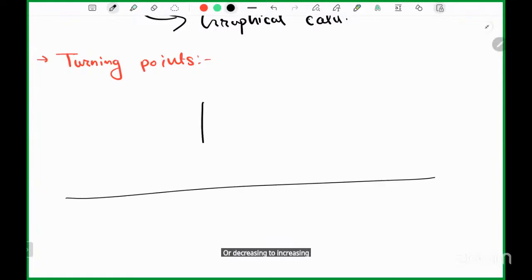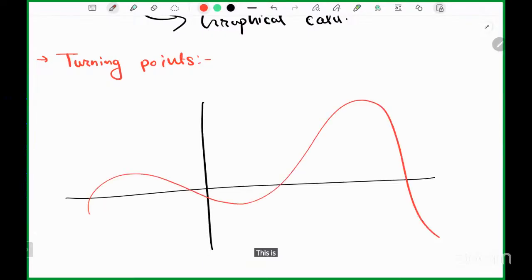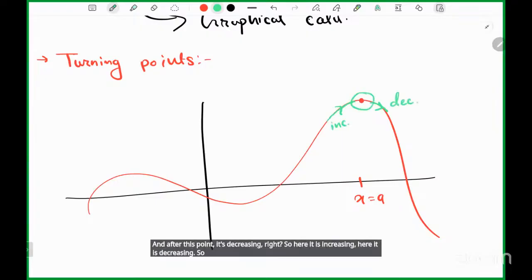For example, consider this graph of a polynomial. So suppose this is some polynomial. At this point, suppose x is equal to a, what is happening? Before this point, p of x has increasing behavior, right? It's increasing before this point, and after this point, it's decreasing, right? So here it is increasing, here it is decreasing. Such a type of point is known to be a turning point of a polynomial, right?